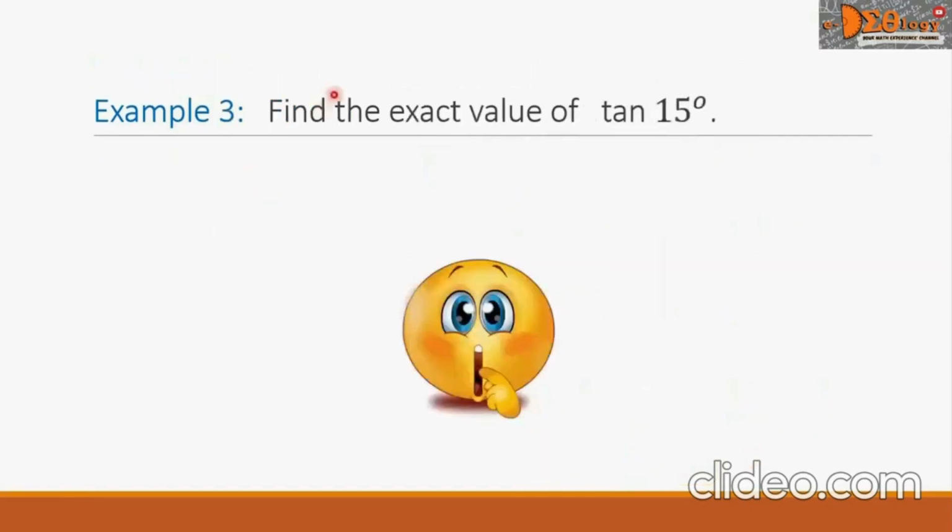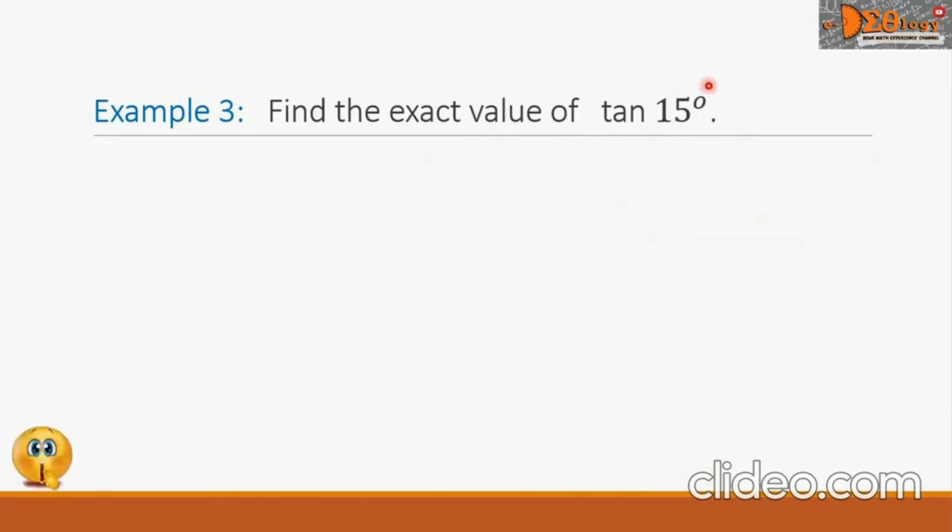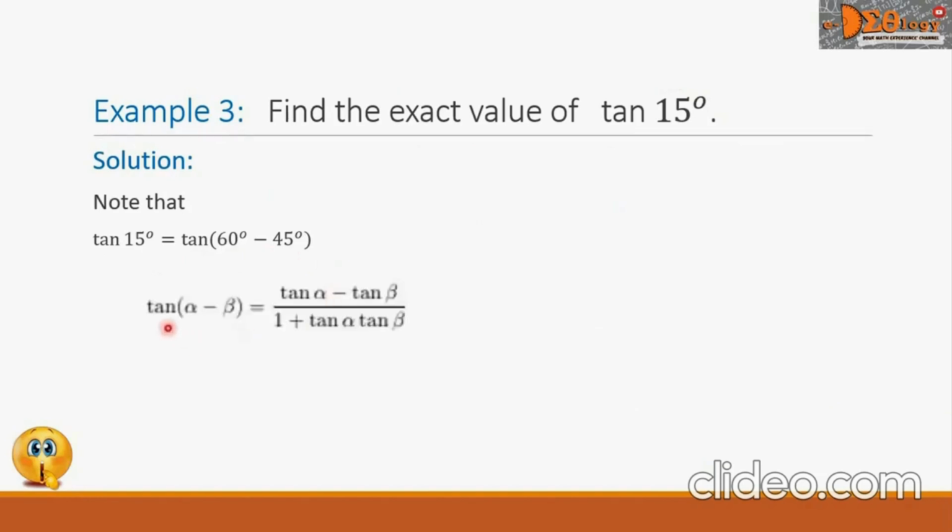Example 3. Find the exact value of tangent 15 degrees. In this case, we're going to write tangent 15 degrees equals tangent of 60 degrees minus 45 degrees. Our formula for the tangent of alpha minus beta is here.